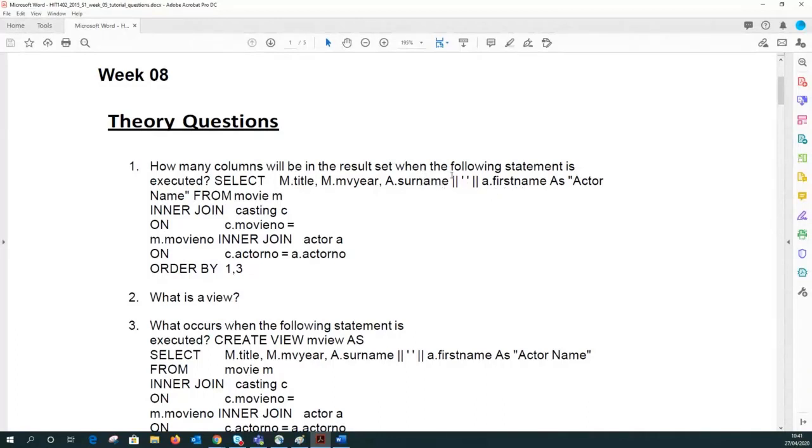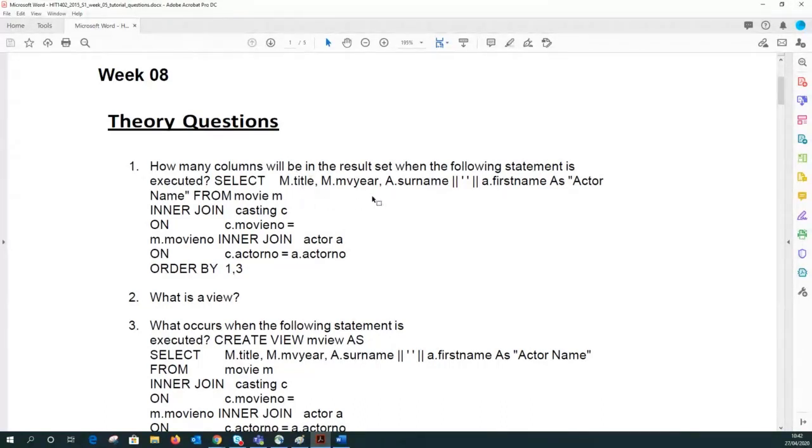So the surname comes first, then the space, and then the first name. And then they are putting a heading for the last column. So this is very straightforward. So how many columns when you execute this?